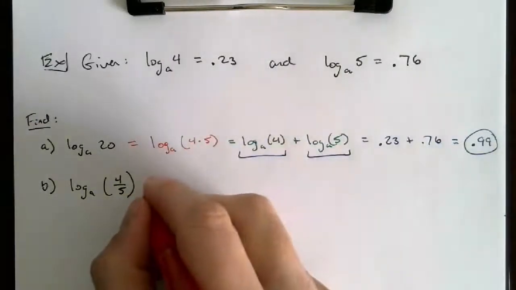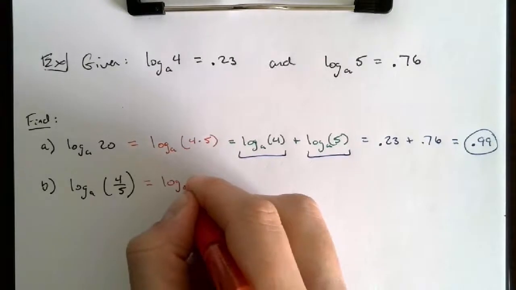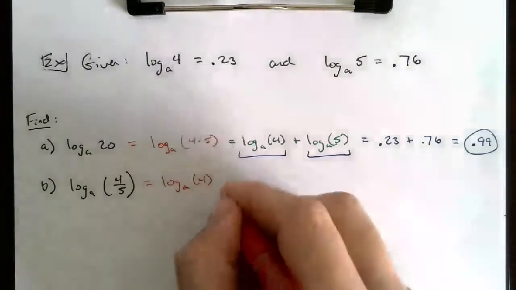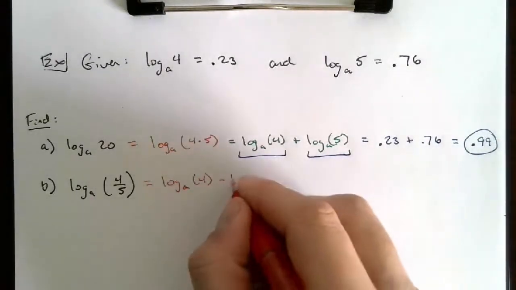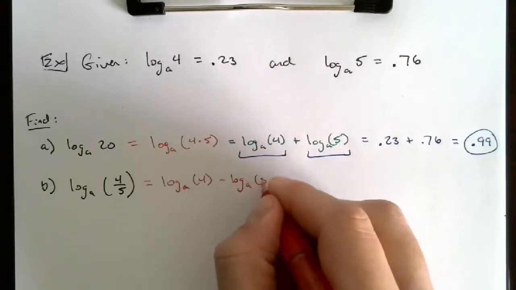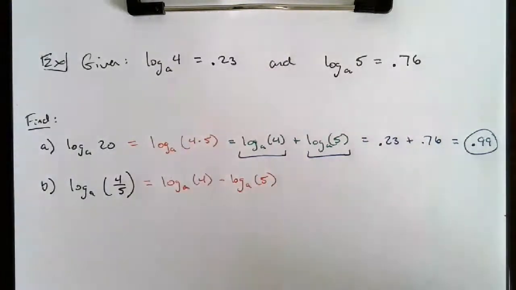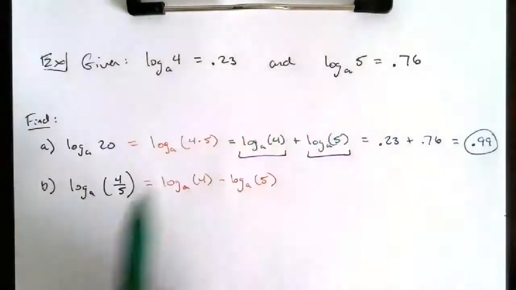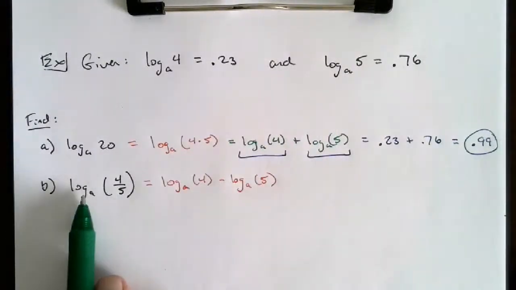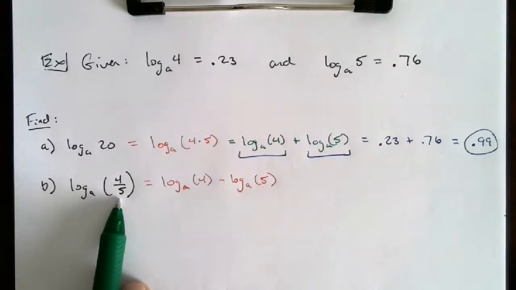So I'm going to rewrite this as log base A of 4 minus log base A of 5. Again, you wanted to get it into a form where you had log base A of 4 and log base A of 5 because that's when you can use this. It's not take the log of the numerator over the log of the denominator. That is not how this works. That's not equivalent.